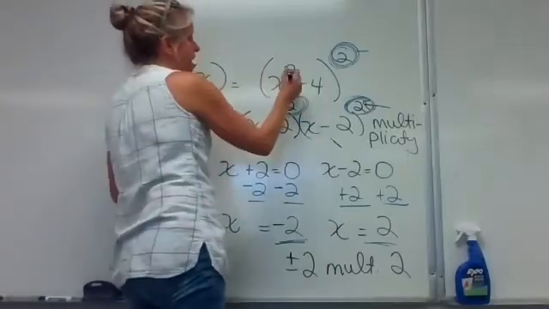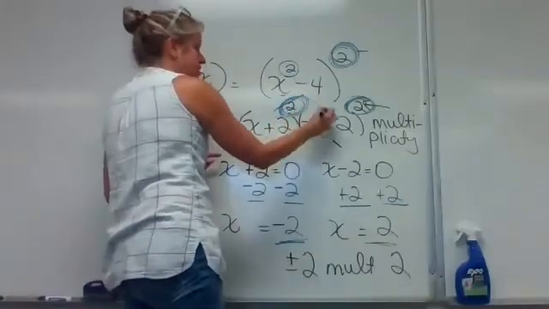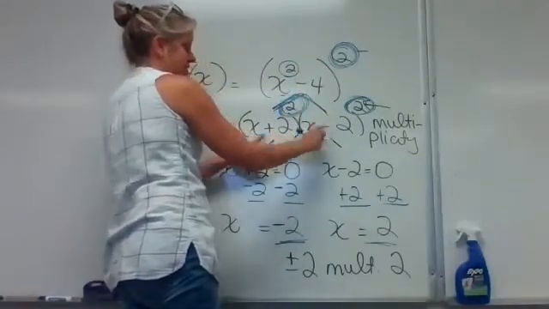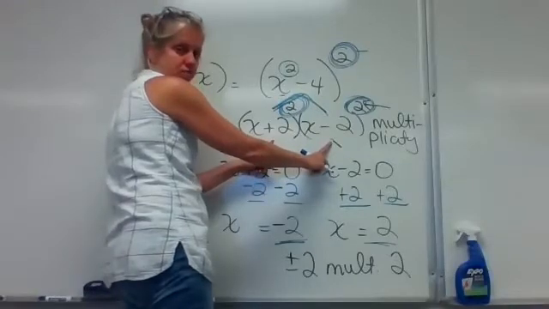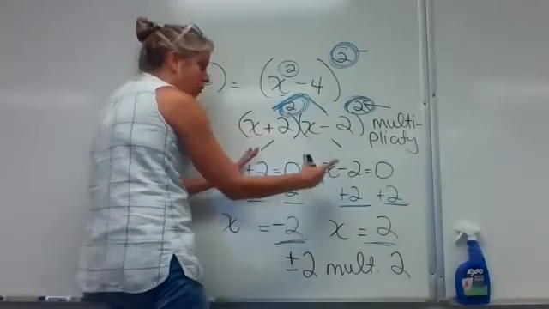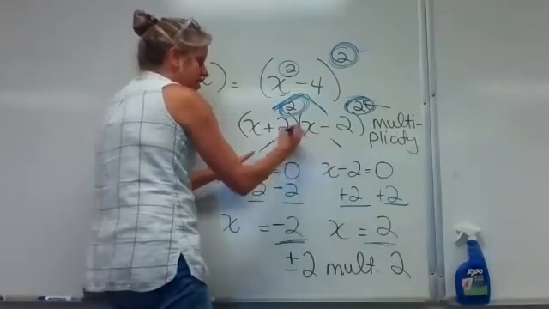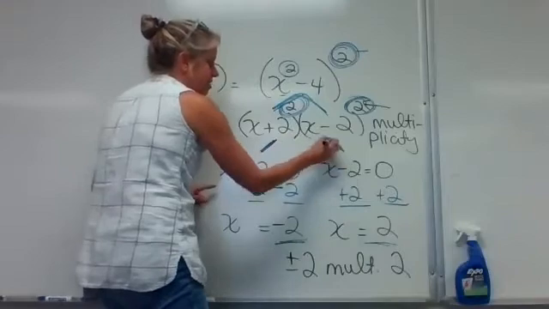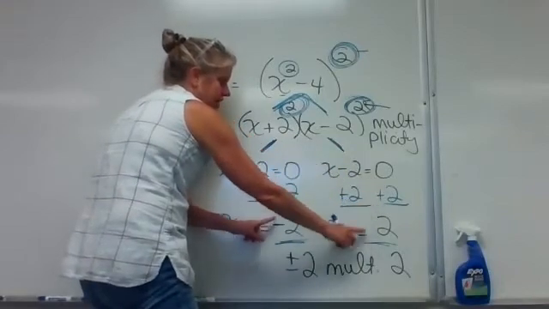If you still have a squared inside your parenthesis, that means you need to factor it down again. That's what gave me the x +2, x -2. Once you get them all the way factored, when there's not any more exponents on the inside, then you say, okay, this is what I need to set equal to 0, solve it for x.